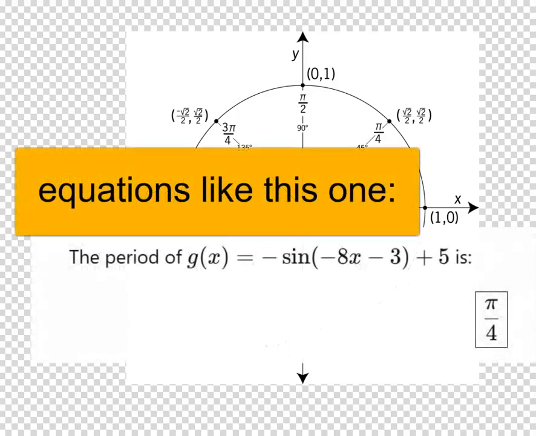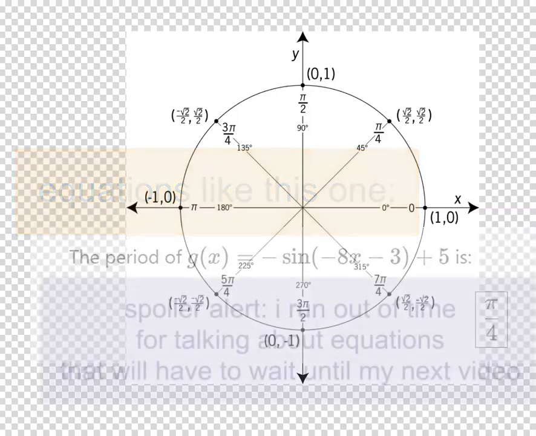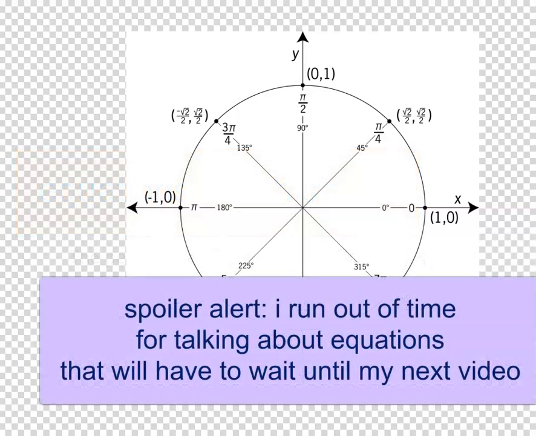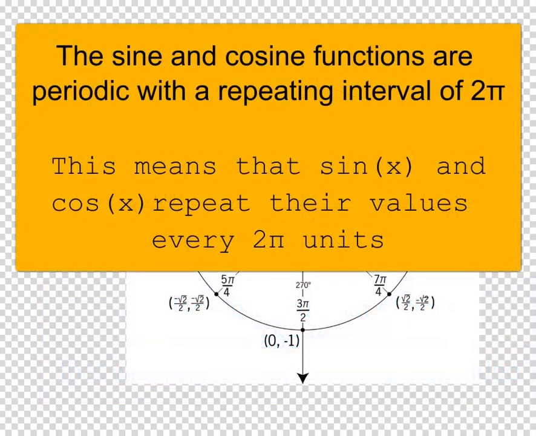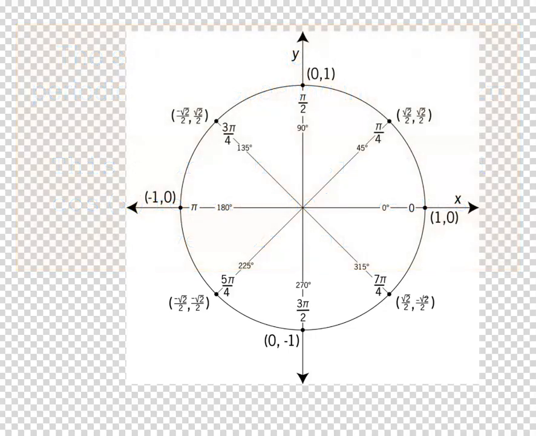So the sine and cosine functions are periodic with a fundamental repeating interval of 2 pi. This means the sine and cosine of x repeat their values every 2 pi units.